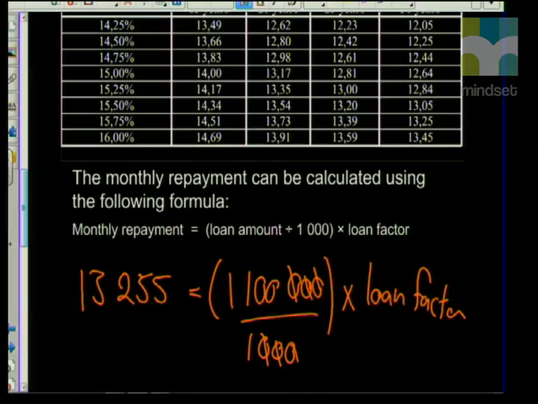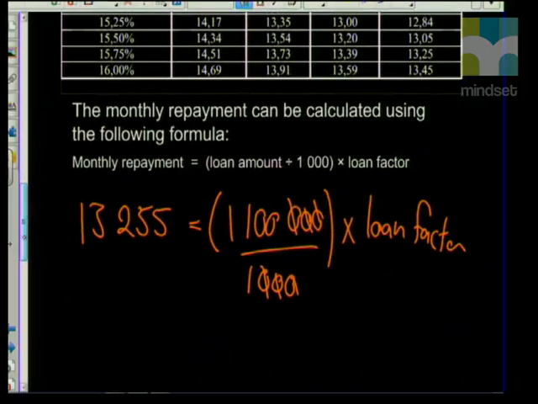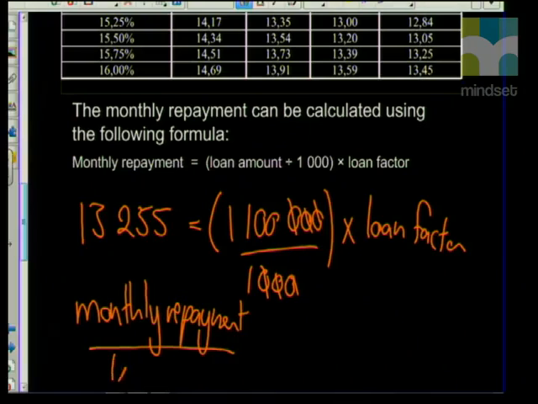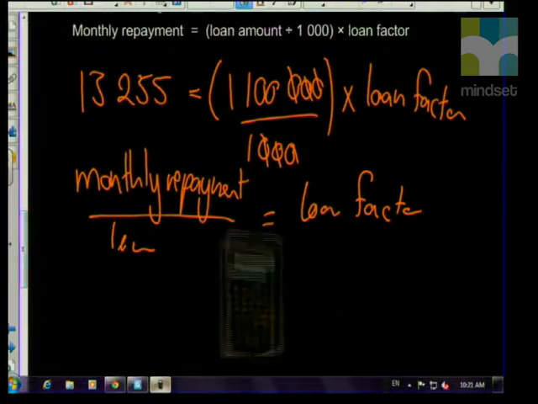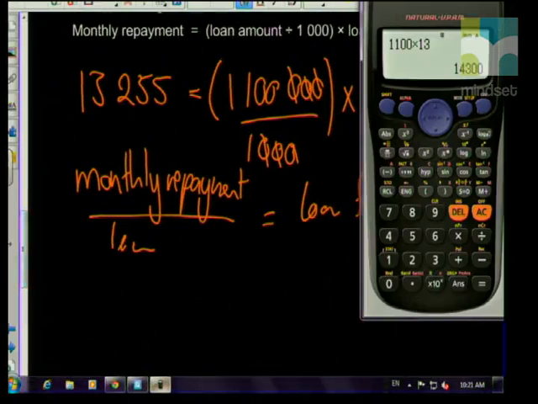So we've chopped those ones off. So what am I left with? Let's take this amount, the monthly repayments, and divide it by the loan, and that will give me my loan factor. Okay, if I do that, see how it works out. Take this again.